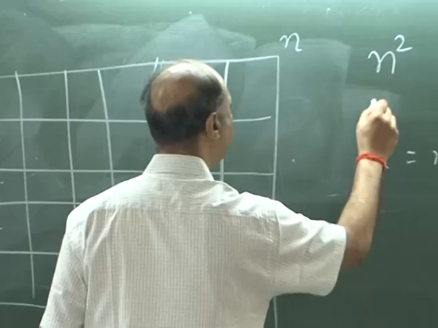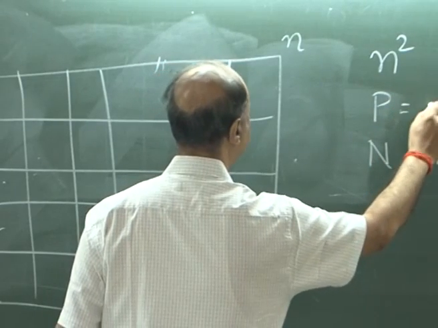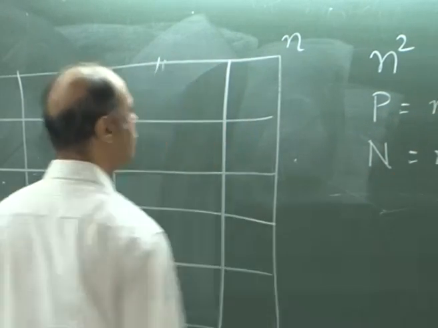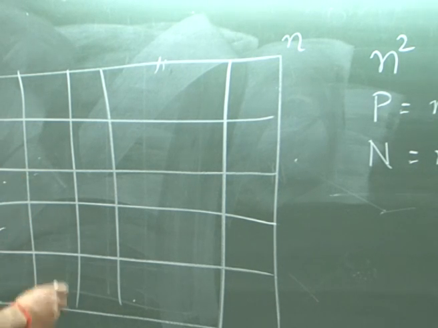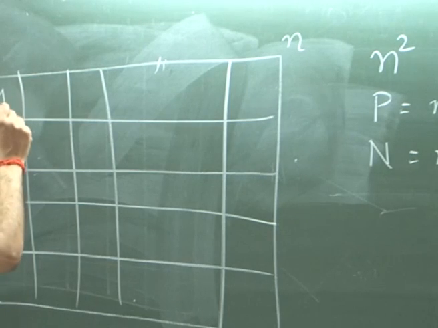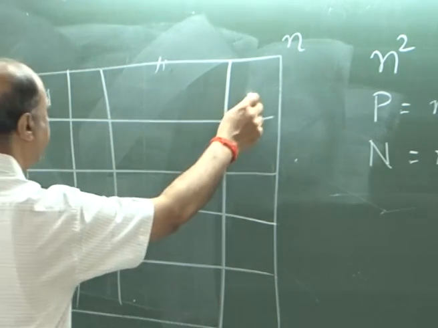So n is n square, and the number of processors p is also n square. You observe that there are n square elements and n square processors. What I can do is distribute these n square elements among these n square processors, each having one element.